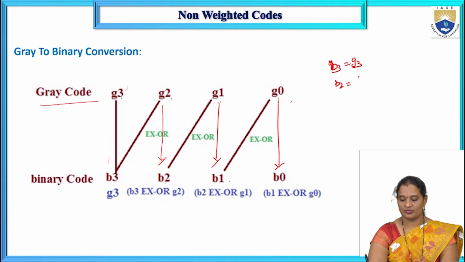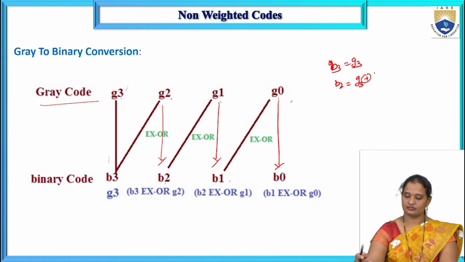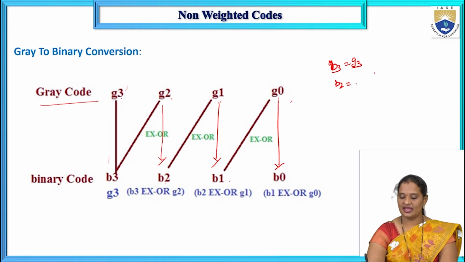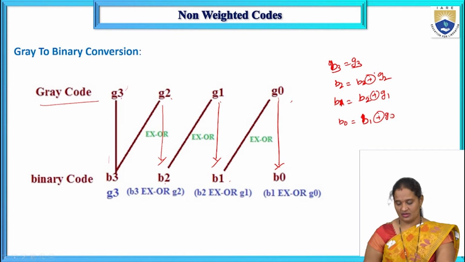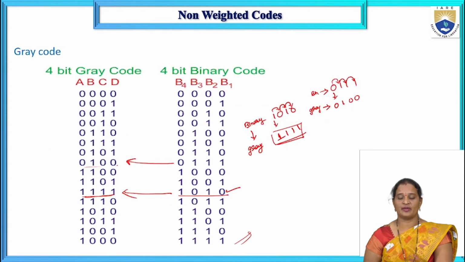Next, B2 can be obtained as B3 XOR G2, and similarly B1 can be written as B2 XOR G1, and B0 can be obtained as B1 XOR G0. So this is the formulation of the binary code from the gray code.